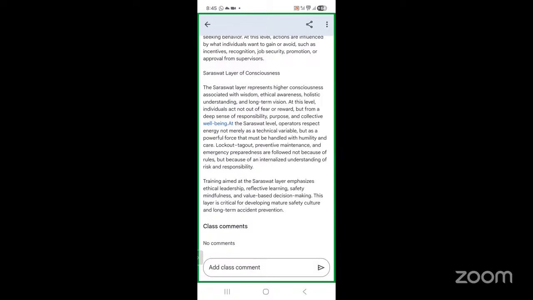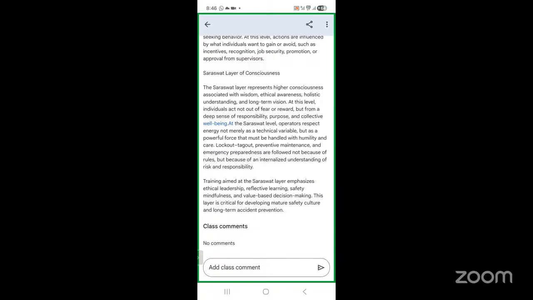So if you can identify the people who are highly accident prone, usually their locus of consciousness lies at the Murto layer.